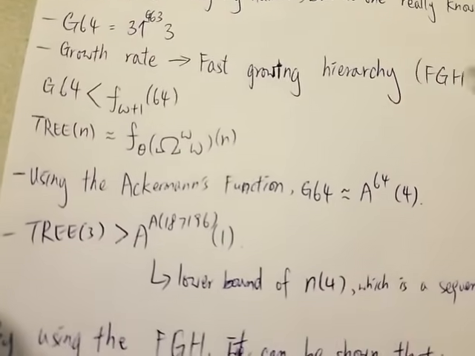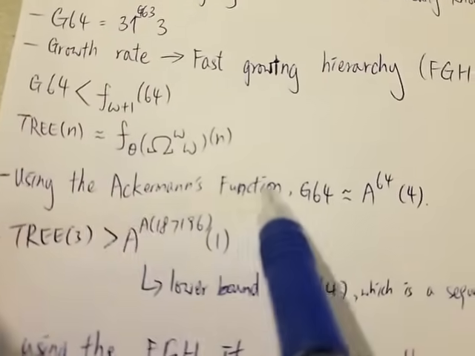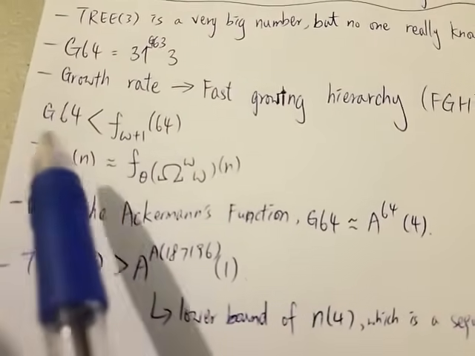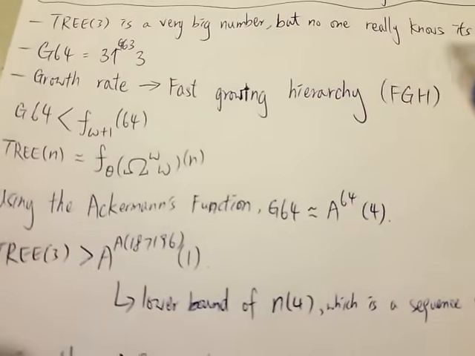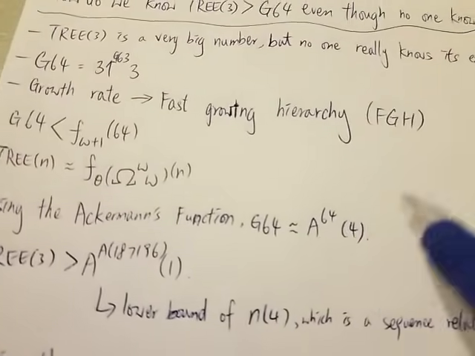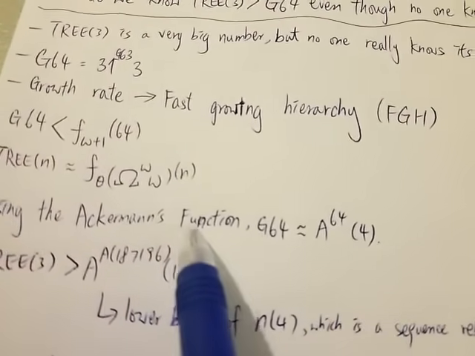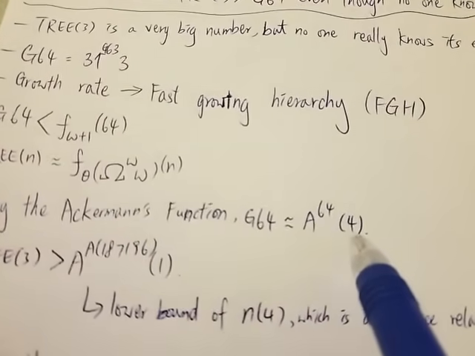And also, we can use the Ackermann function to show that TREE(3) is much bigger than Graham's number. Using the Ackermann function, it could be shown that Graham's number is around A, where A stands for Ackermann function, A^64(4).